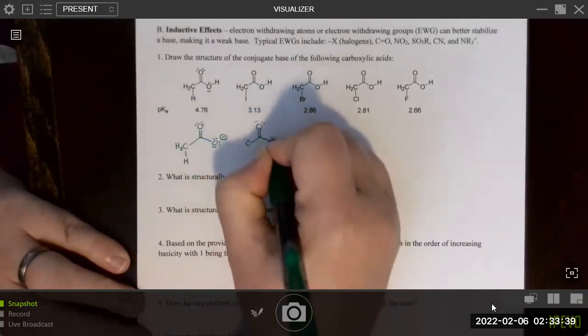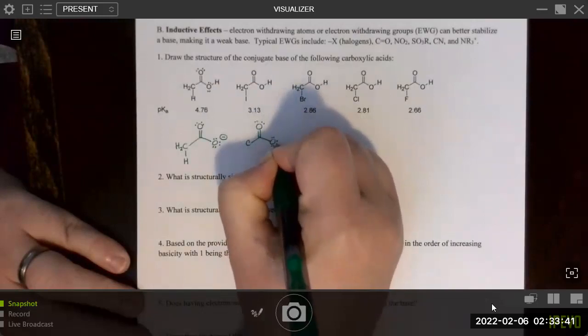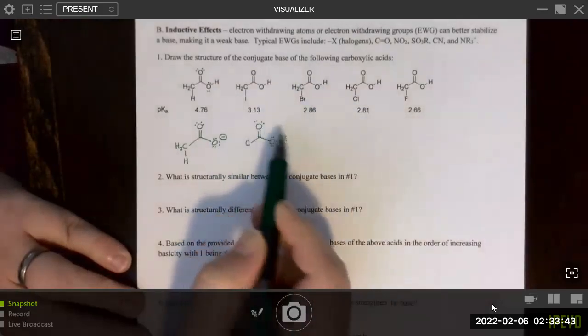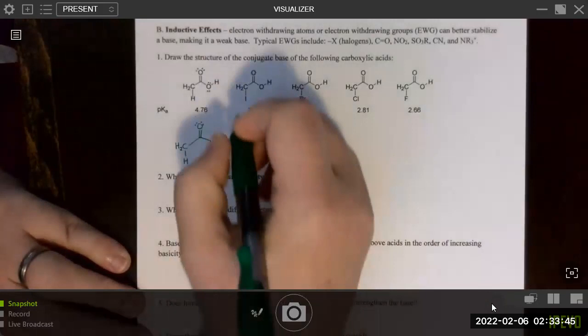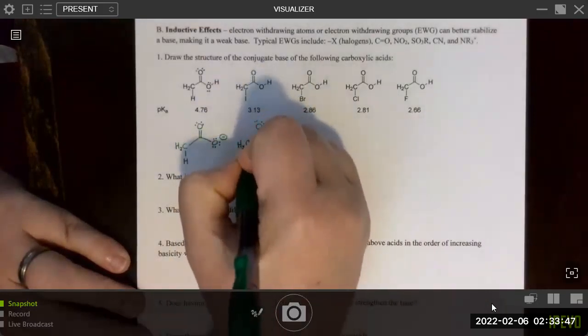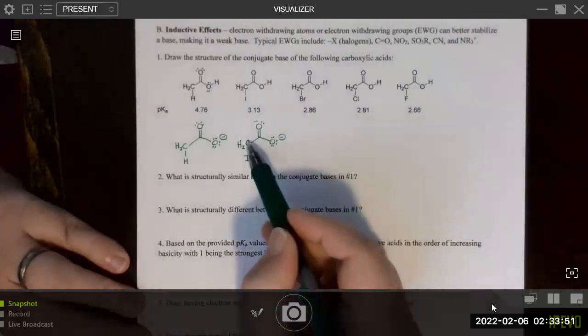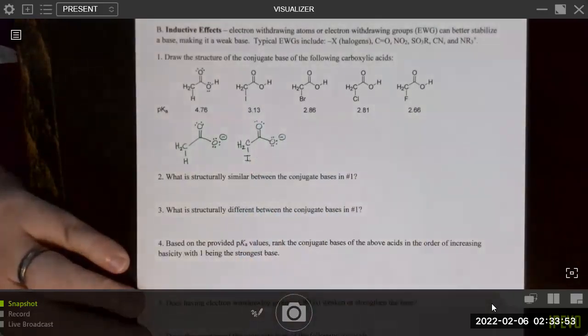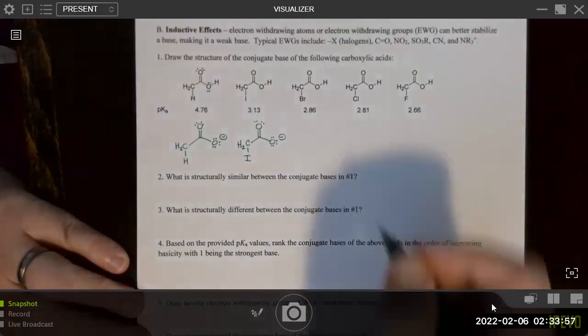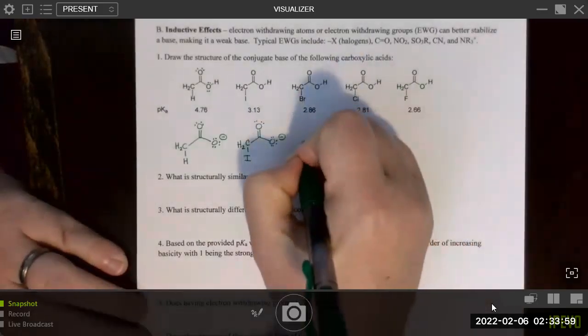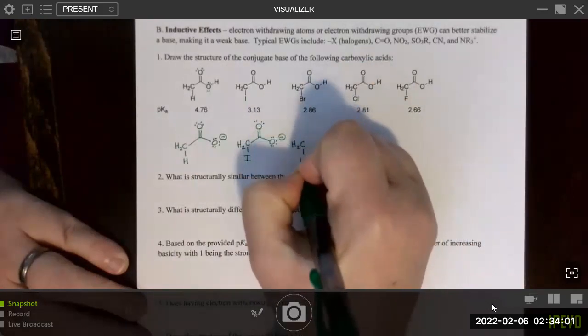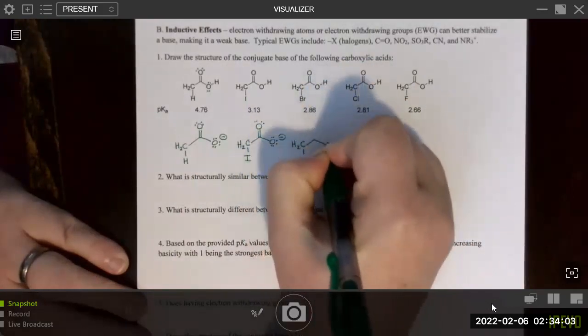And then in the case where we have the second structure, again, the carboxylic acid part, which is really this part, stays the same. And the difference is now we have an iodine at the carbon attached to the carbon bearing the carbonyl and oxygen with negative charge. We can just keep going through this process of drawing out the conjugate base.